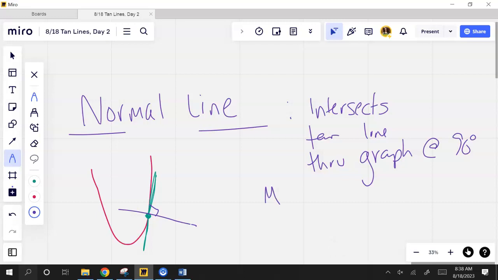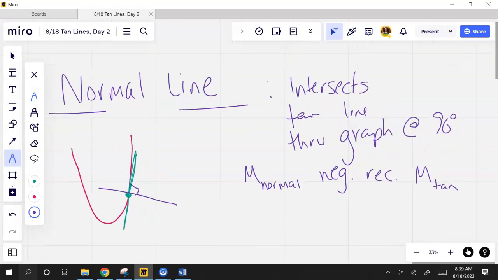The slope of the normal line is the negative reciprocal of the slope of the tan line. Does that make sense? The normal line is perpendicular to the tangent line.